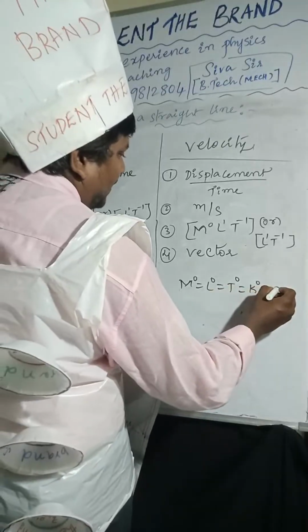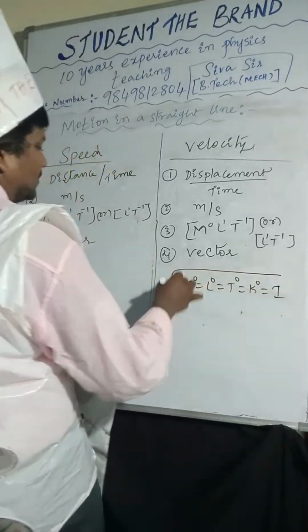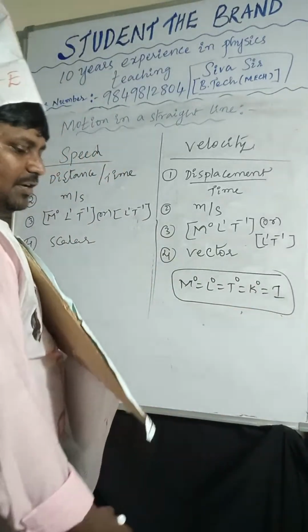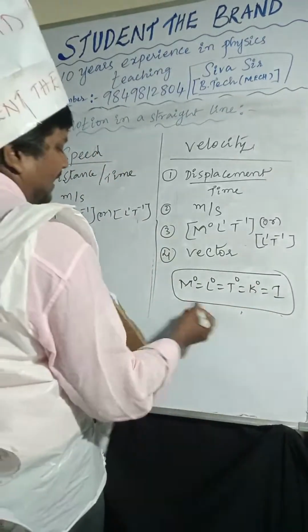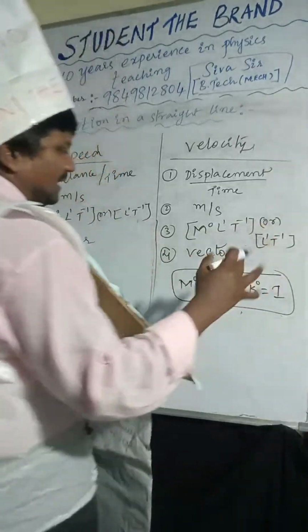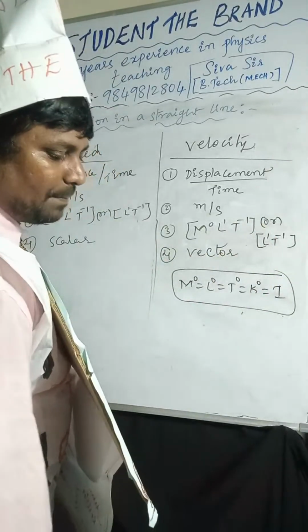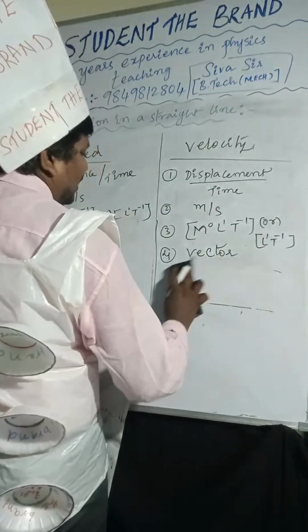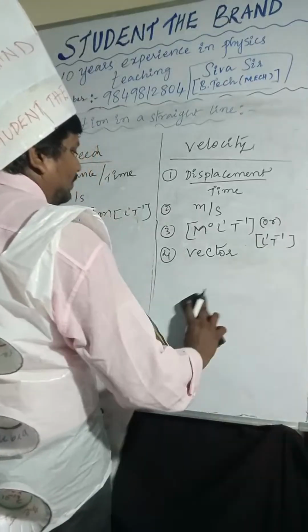Everything will be 1. If the power is 0, then 1 will be there. If you are taking M power 1, L power 1, then the letters only we have to keep. So only if the power is 0, then we take 1. I hope it is very clear to you all.